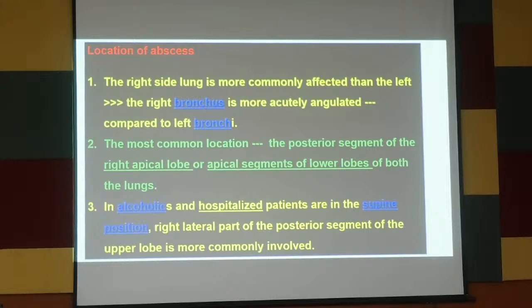If it is an alcoholic patient, or in supine position or a bedridden patient, the posterior part of the right lobe is also affected. So which side of the lung is affected? You will tell that it is the right side, the upper apical part. If it is a supine or bedridden patient, the posterior part of the right lung is affected.